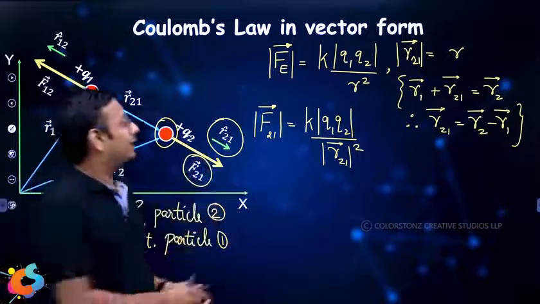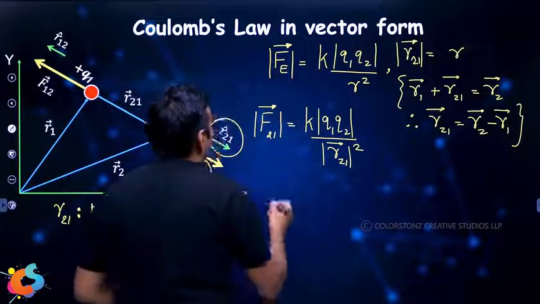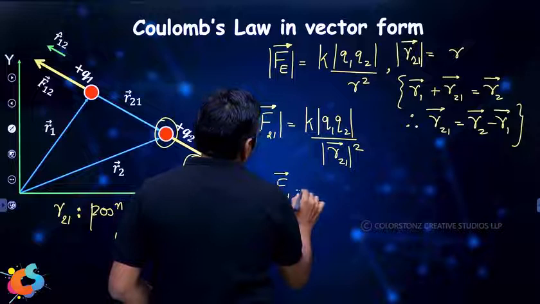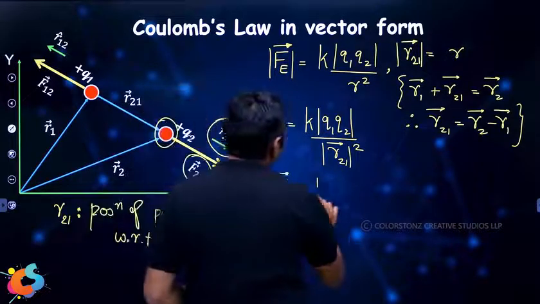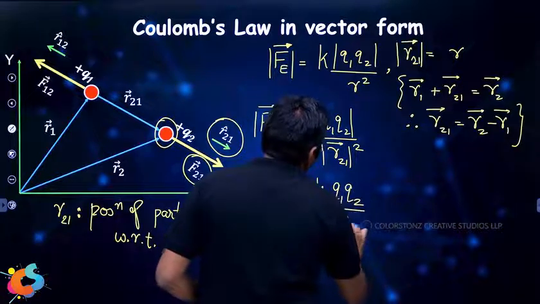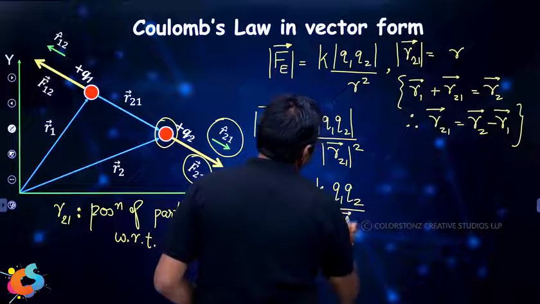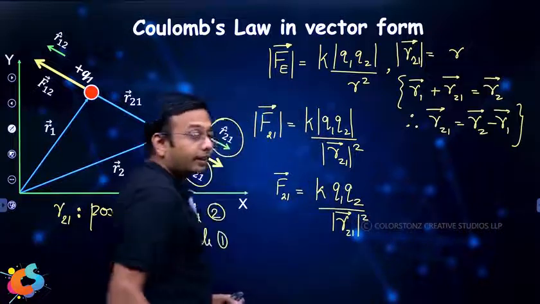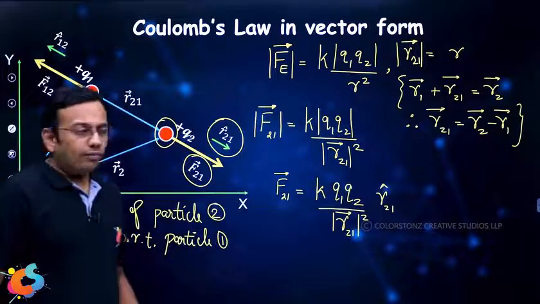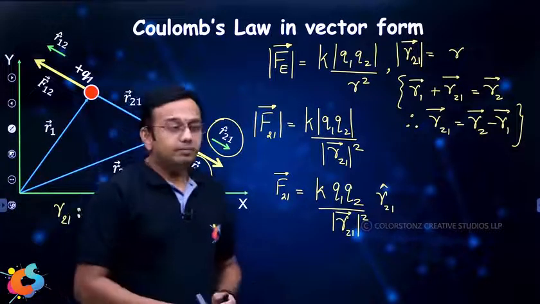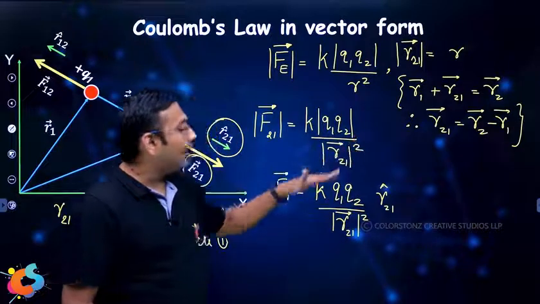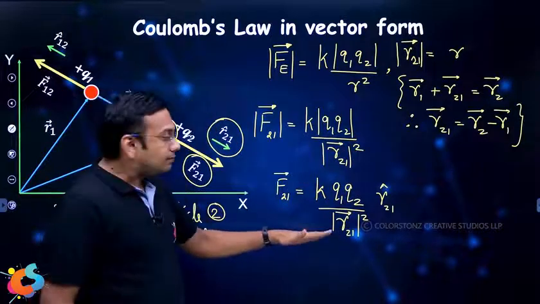So if I want to write this in vector form, finally I can say F21 vector, now I'm not putting the mod, is equal to K Q1 Q2 by R21 vector mod square into R21 cap. This can be written in one more manner. We know that a unit vector is nothing but the vector divided by its own magnitude.